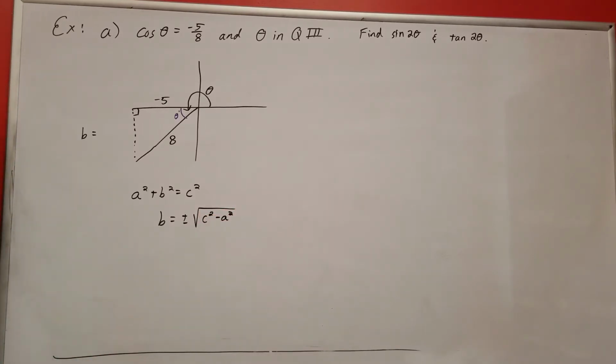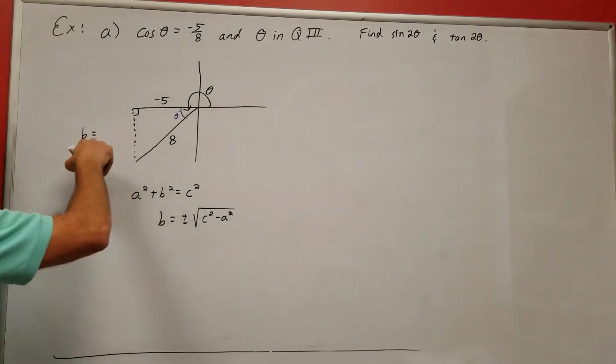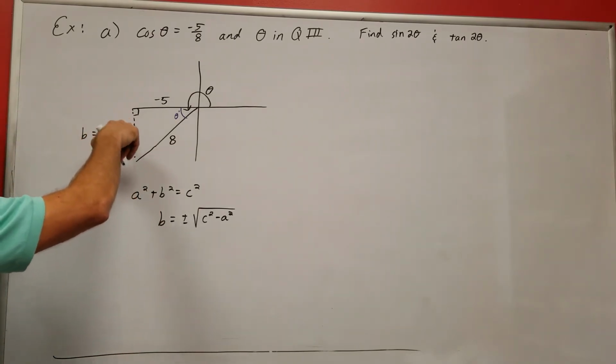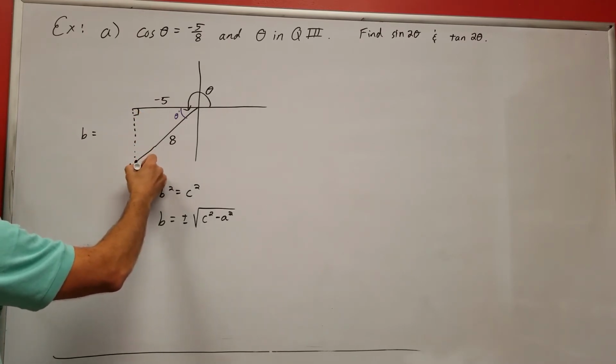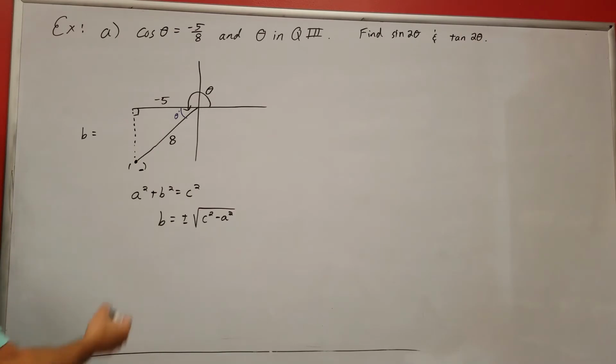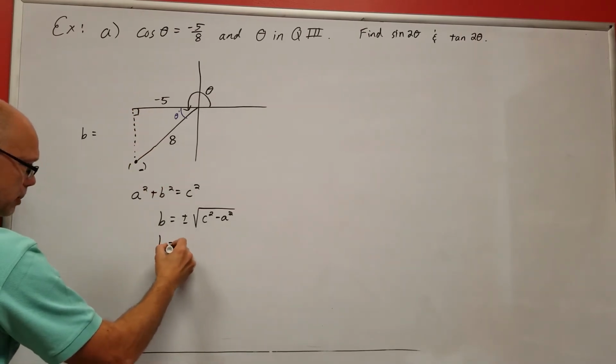Verify that for yourself. B is technically the same thing as the y coordinate, and the y coordinate is negative in this quadrant, so my b value is going to be negative here.